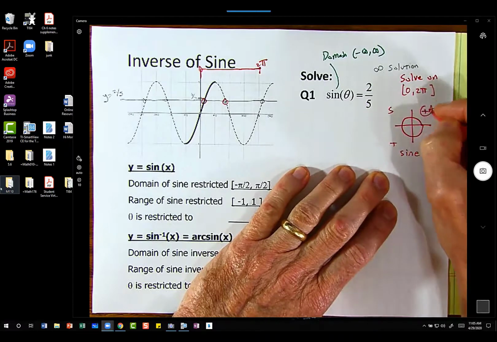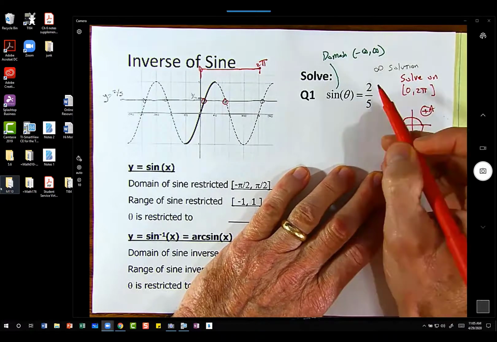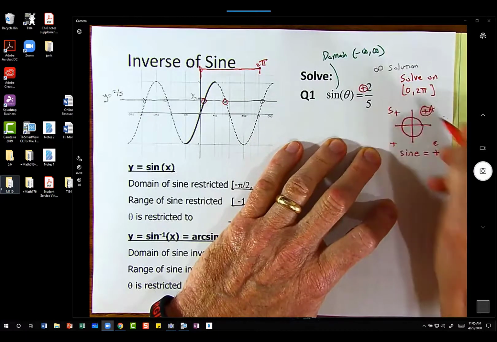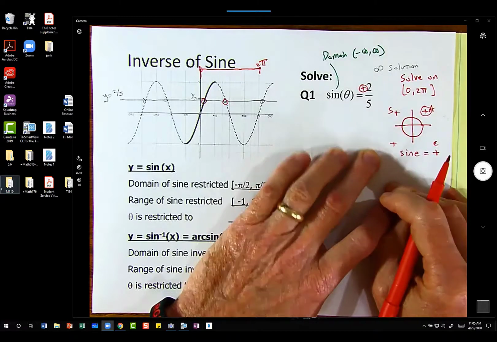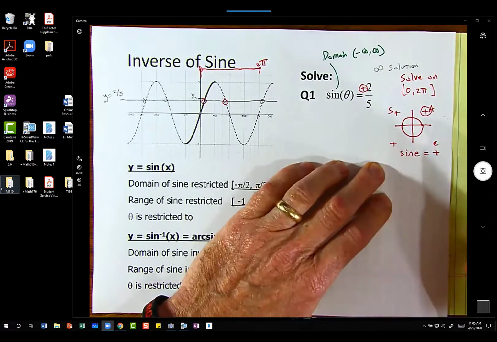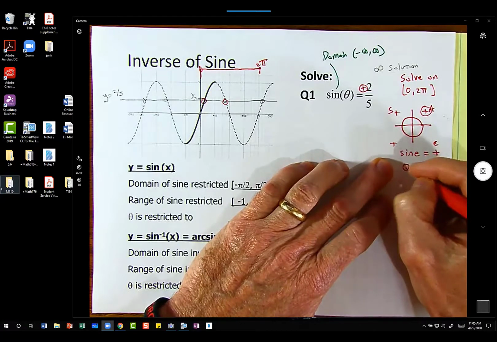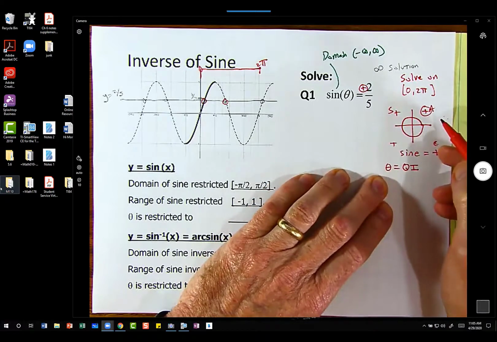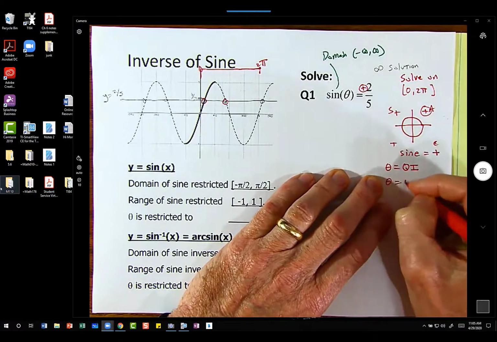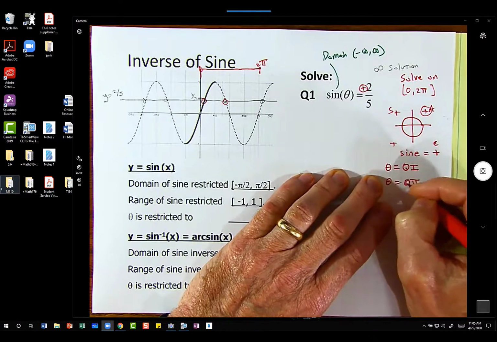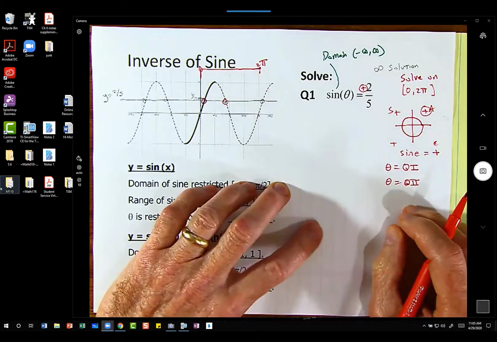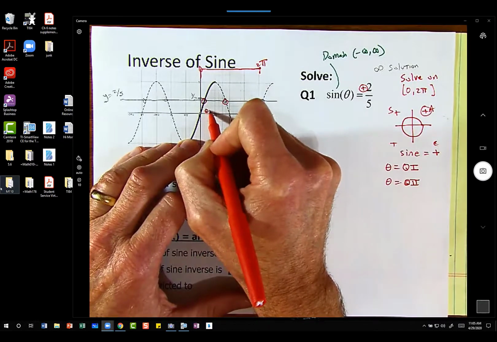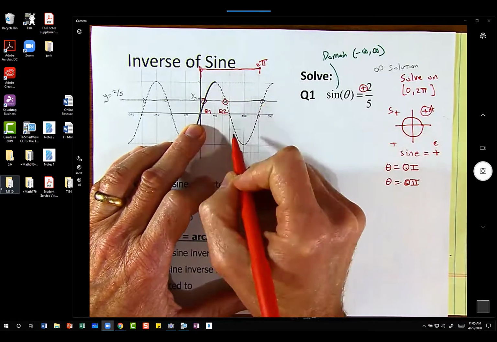So I have a positive answer over in quadrant 1, and this is positive, so I've got my 2/5, a positive number, and sine is positive in quadrant 2. So I have 2 answers that I'm hunting down here. Theta is in quadrant 1, and theta is in quadrant 2. I need this one, the quadrant 1 part, and this is the quadrant 2 part.